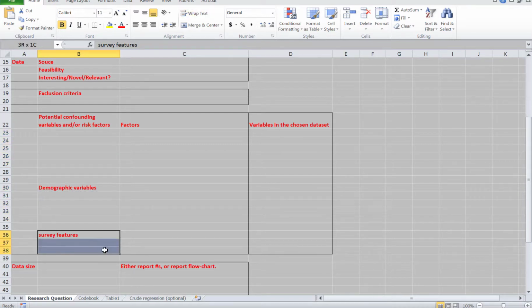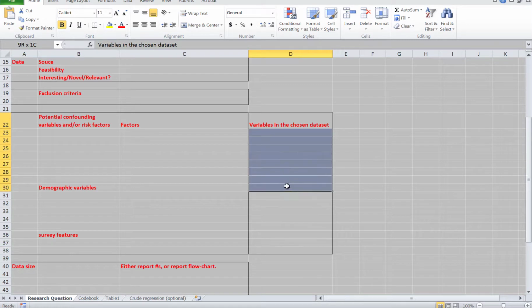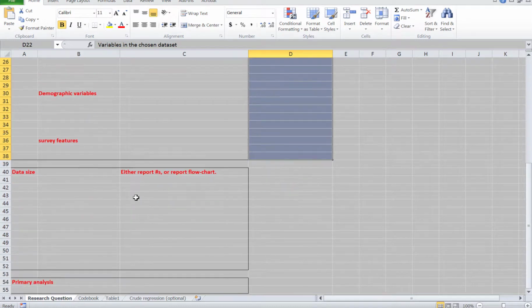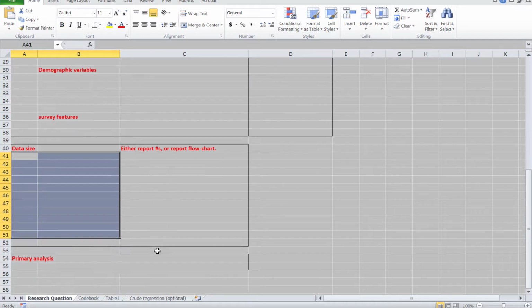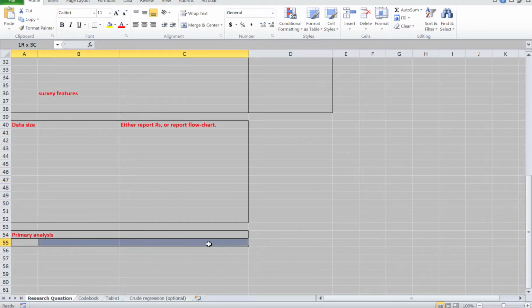What are the survey features such as the weights, strata, and stratification information, and the variables chosen in the dataset will give you the list of names that are chosen from the dataset. And also you need to list the variable sizes and the flow chart and what is going to be your primary analysis. Is it the logistic regression or not?